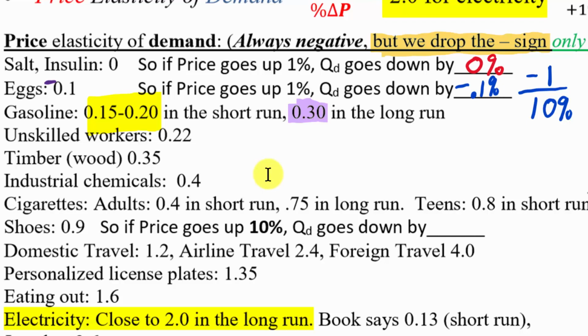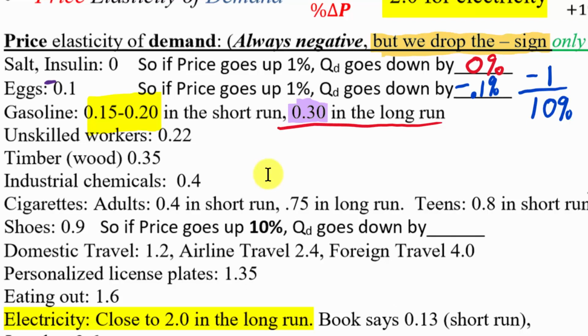Well, in the short run, especially, there's not a whole lot of choice we have. We're working on it. Scientists are working on this issue. And there are some vehicles that are flex fuel, where instead of gasoline, you could put ethanol or something else in there. But there's not a whole lot of great substitutes for most people, especially in the short run. But what about the long run?